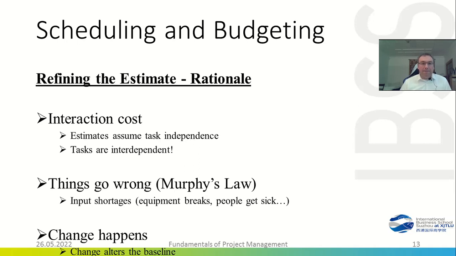For example, equipment breaks at a critical moment. People get sick just before they have to deliver a critical milestone. A delivery doesn't show up. Risk management is aiming to approximate these situations, attach a financial and a time value to them, and then say, okay, this is how it will impact the project.